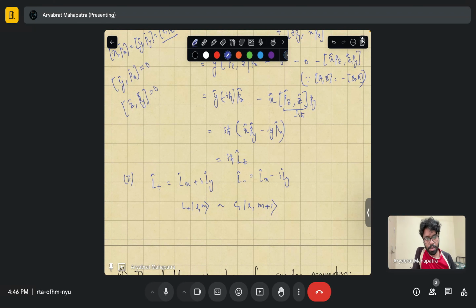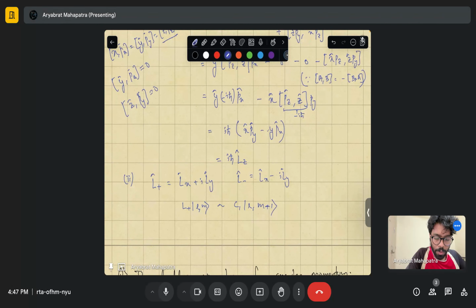The orbital angular momentum L is conserved, but it is quantized in m, that means m plus 1. Only the associated quantum number is changing.